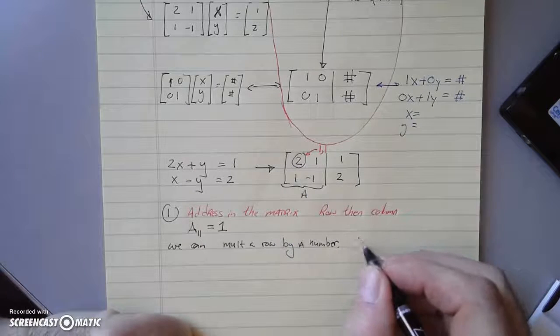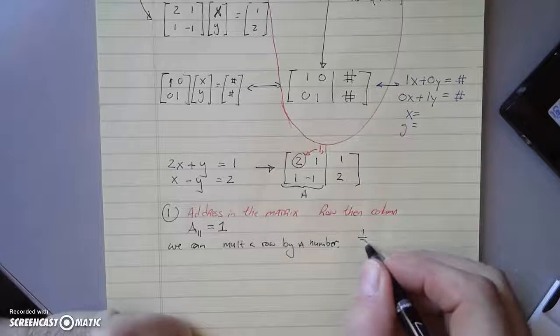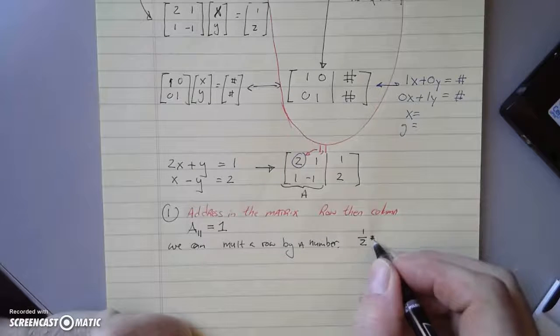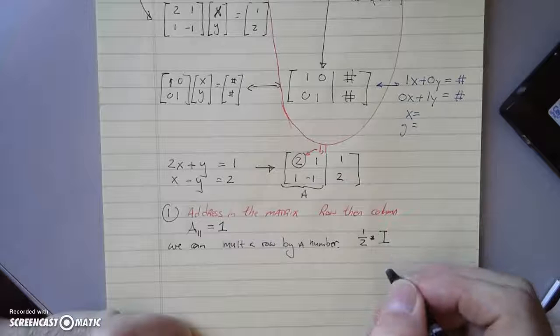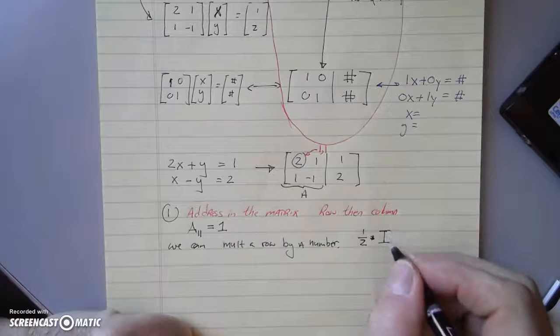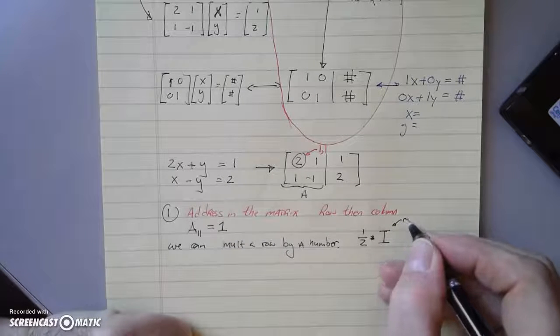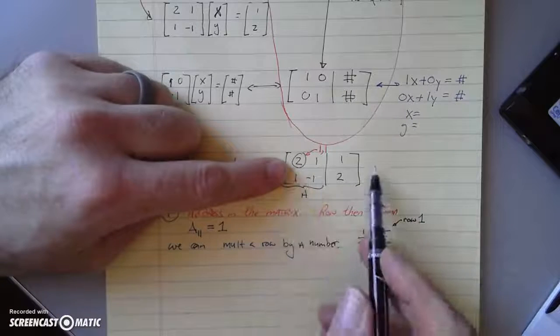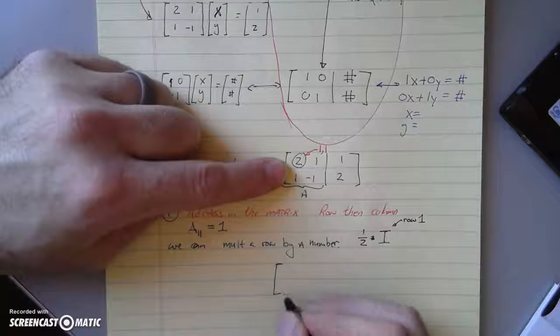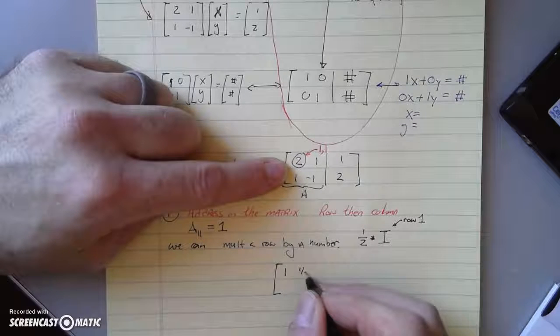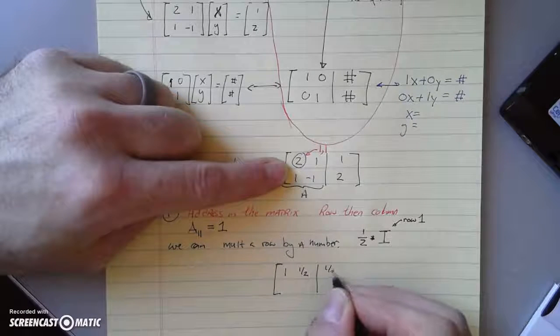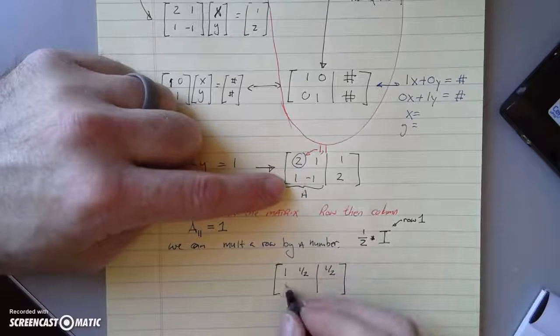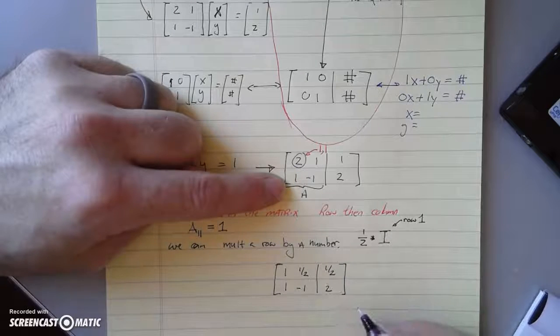This is how I denote it: you take 1/2 times Roman numeral I, which will indicate row 1. If I multiply the first row by a half, I'll have 1, 1 half, 1 half. The second row is unchanged. Nothing happens to it.